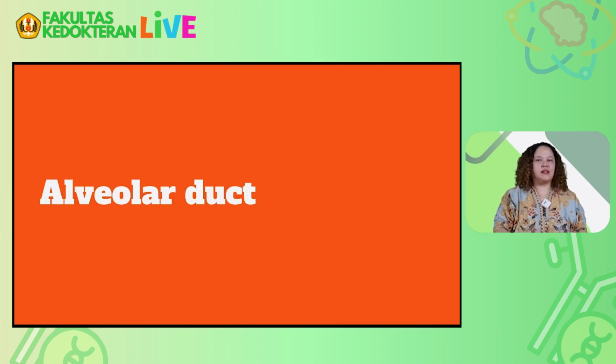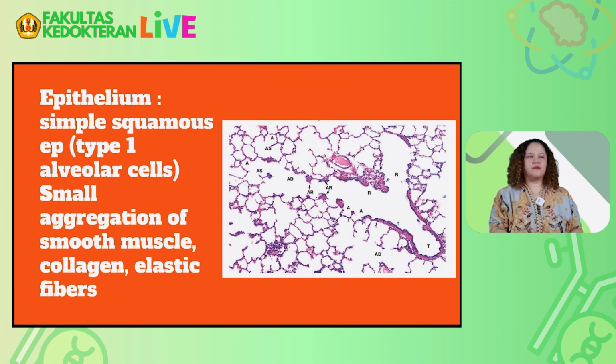Okay, now is the alveolar duct. The epithelium for the alveolar duct consists of type 1 alveolar cells, and also you can find here small aggregations of smooth muscle, which are absent at the distal end. It is also composed of collagen and elastic fiber.